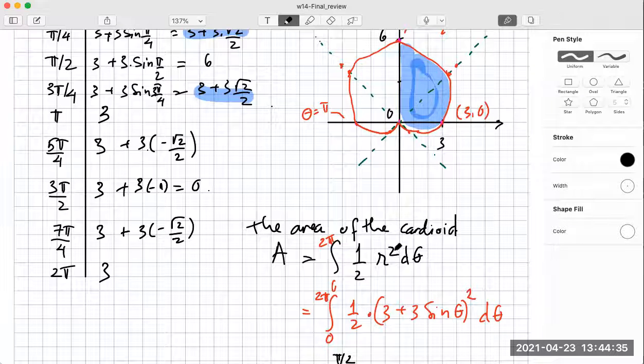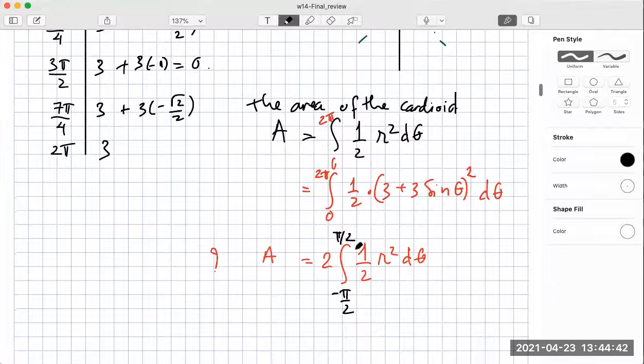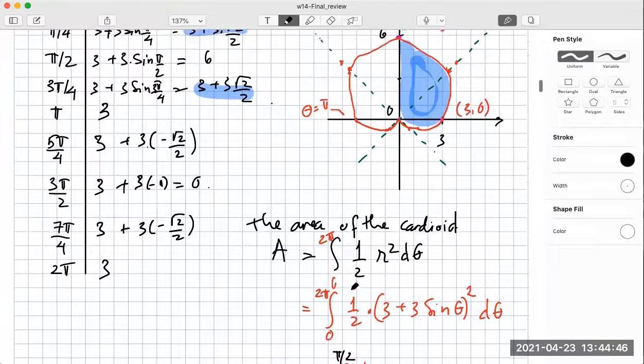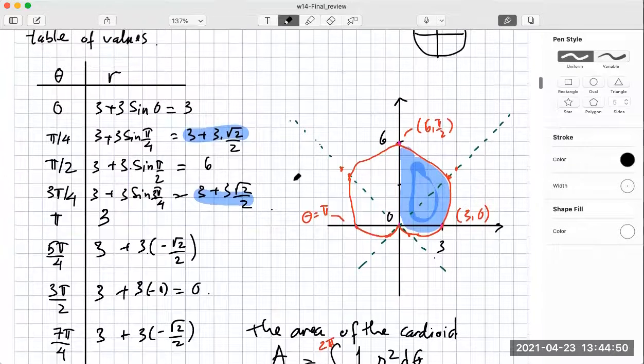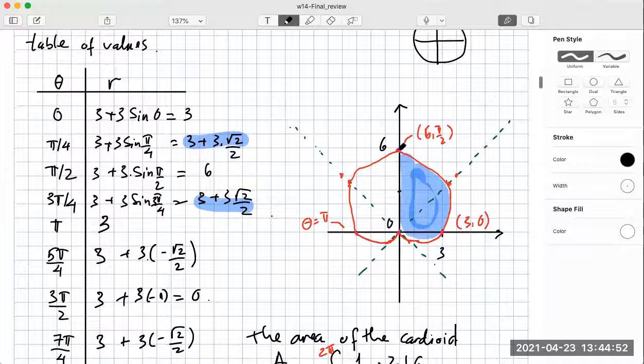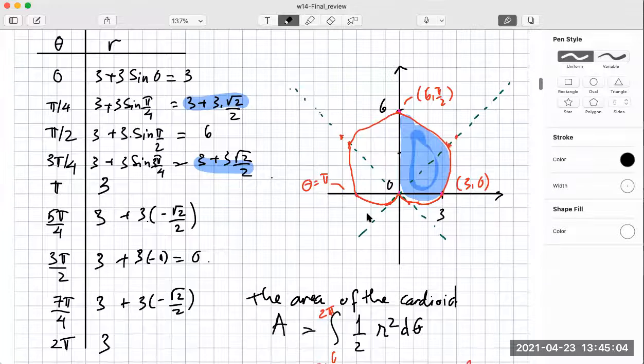Can we find another formula to compute this area with different limits of theta? Good. From pi/2 here, if we go up to 3 pi/2, it covers from this to here. That is the left side of the cardioid, right?